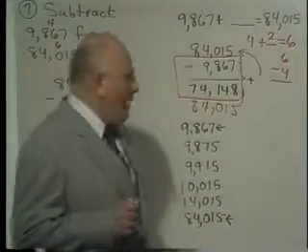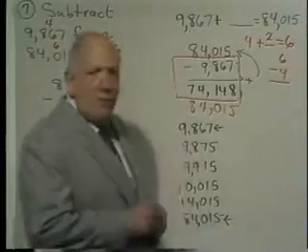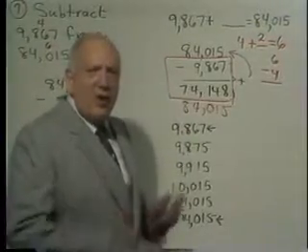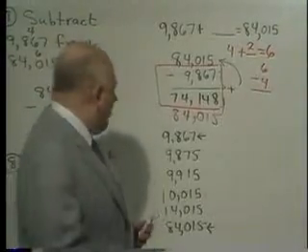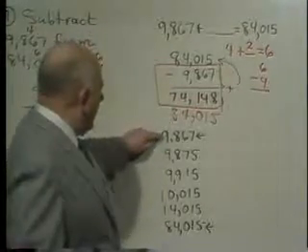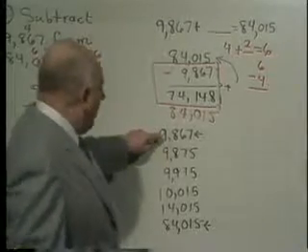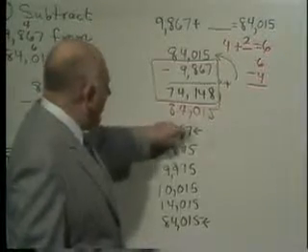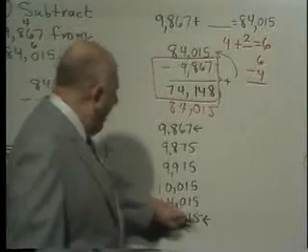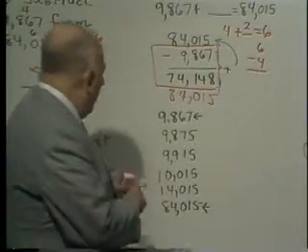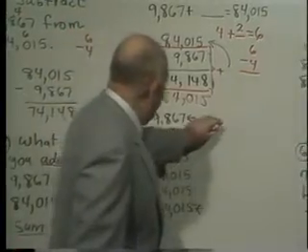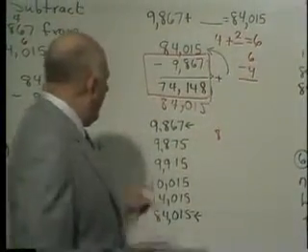You see that? And by the way, suppose you hadn't done problems 6 and 7 first. Could you have done this problem as a pure addition problem? And the answer is yes. Namely, what you could have said is, look, this is what we call the change-making method. I'll start with 9,867 and see what I have to add on to this to wind up with 84,015. Well, see, to get from 67 to 75, you have to add on 8.